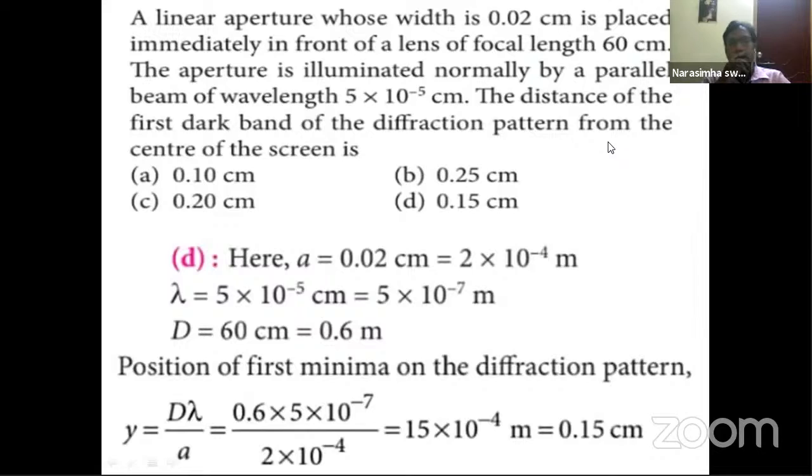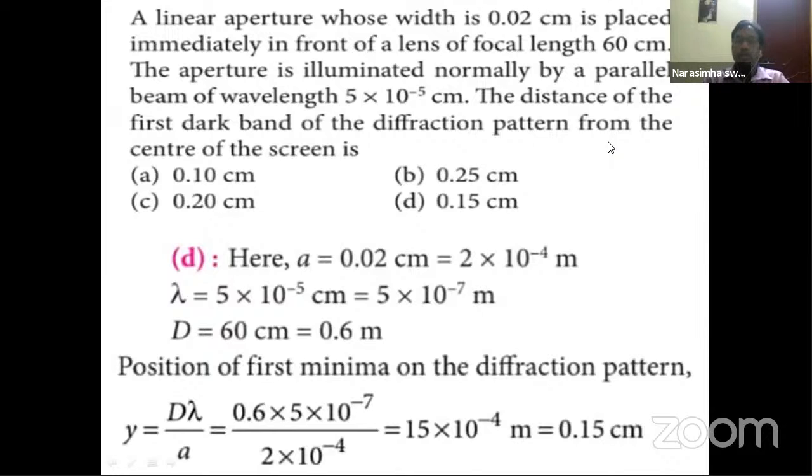A linear aperture whose width is 0.02 centimeters is placed immediately in front of a lens of focal length 60 centimeters.